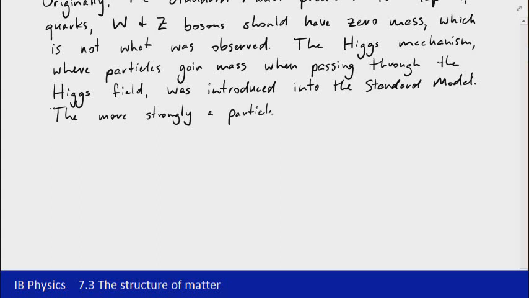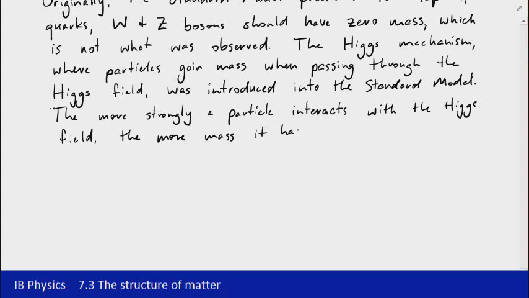So we can see then that if we go back and have a think about some of the leptons and quarks, for example, those particles that have greater mass are the ones that interact with the Higgs field more significantly. So we have this mechanism that explains what's going on with mass, and gives us an explanation behind why some of these particles have mass.